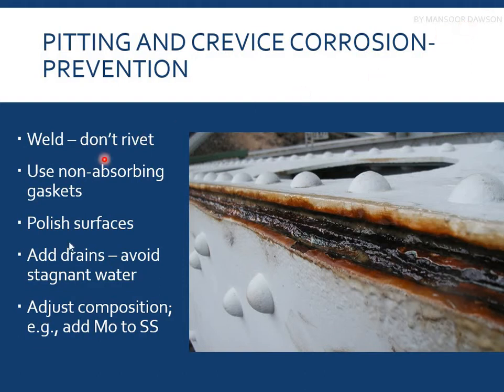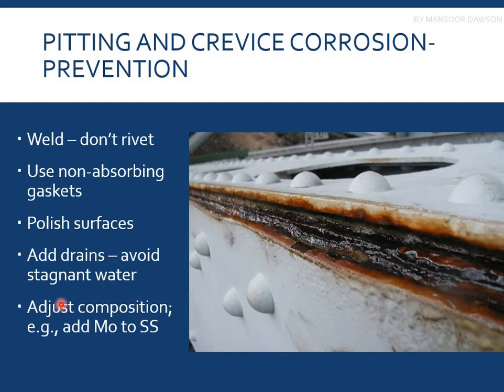Then you should also have a very polished surface, if you can afford one, that is free from small pits or cracks that store water or the corrosion medium. You should also always add drains if you know that your part can have stagnant water or can store water in some crevices or pits.